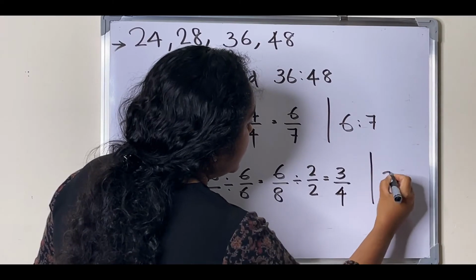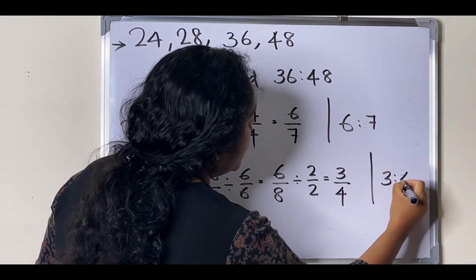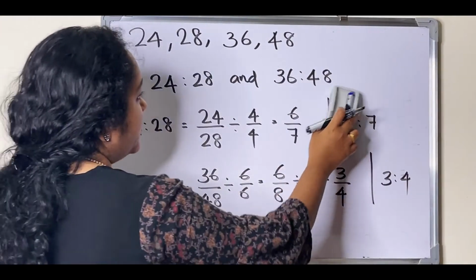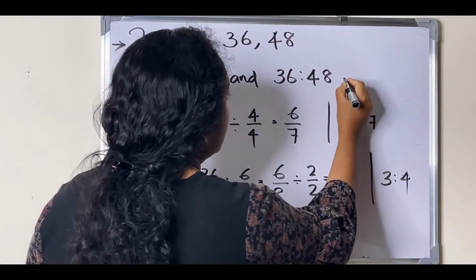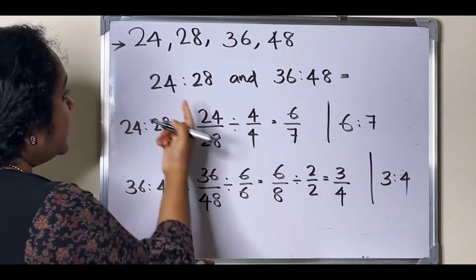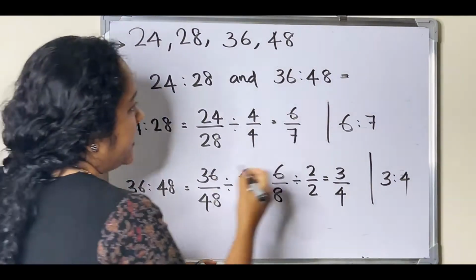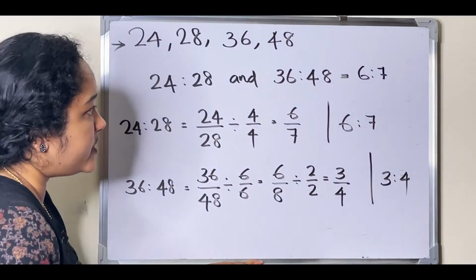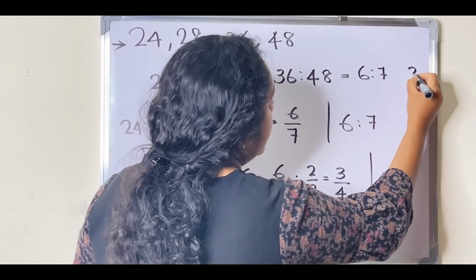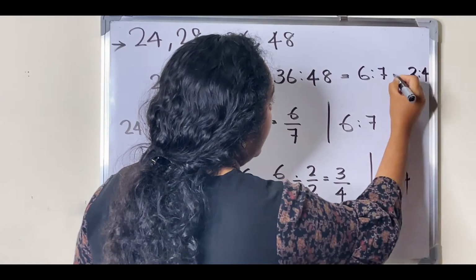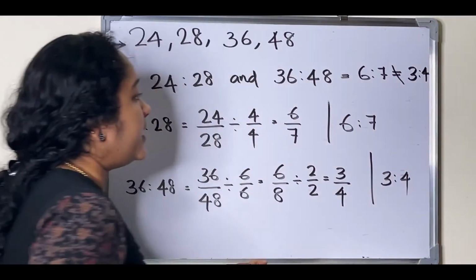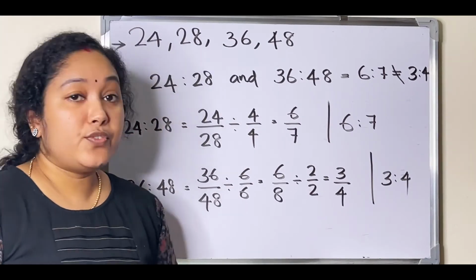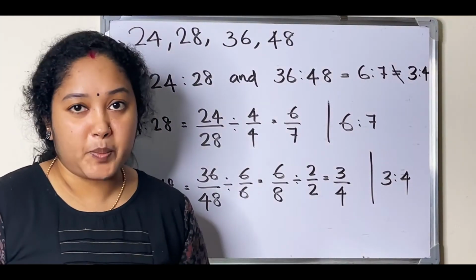And the ratio is 3:4. So 24:28 is 6:7 and 36:48 is 3:4. They are not equal. So 24:28 and 36:48 are not in proportion.